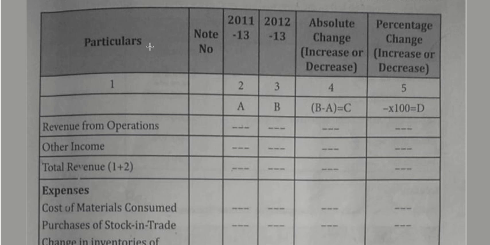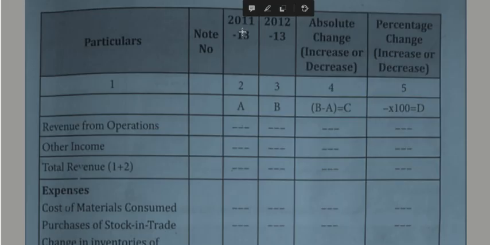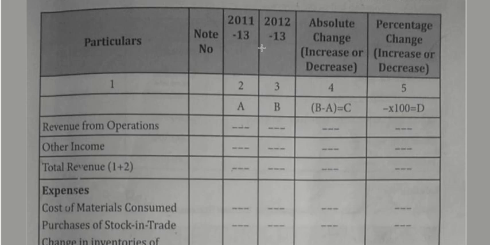The first column is particulars, second is your note numbers, working notes if you have, third is your base year, which is 2011 to 12, and then your current year, which is 2012 to 13. Next you have absolute change, which is an increase or a decrease, and the last column is your percentage change. So the increase or decrease we put in the form of percentage.